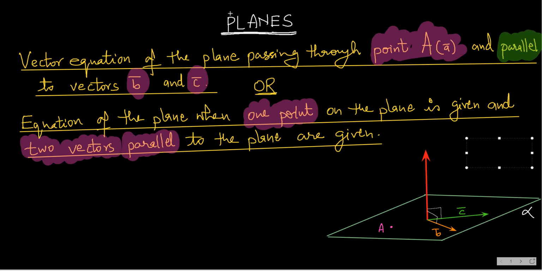This vector here, which is perpendicular to vectors B bar and C bar, automatically becomes perpendicular to the plane.